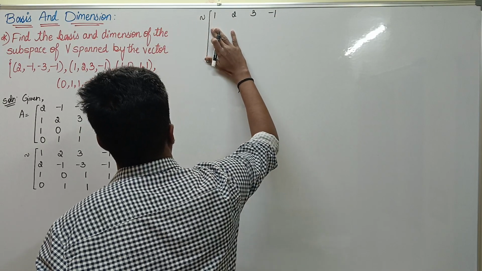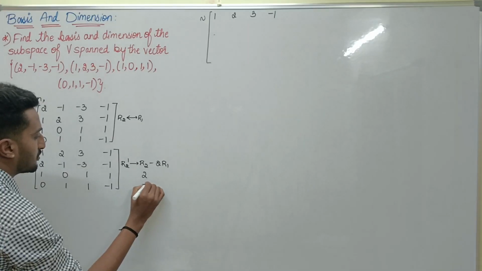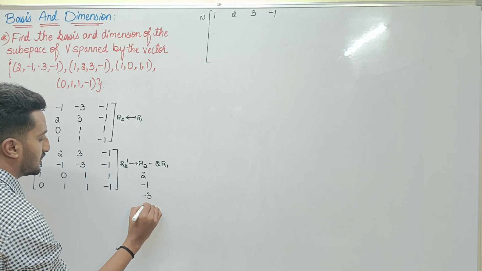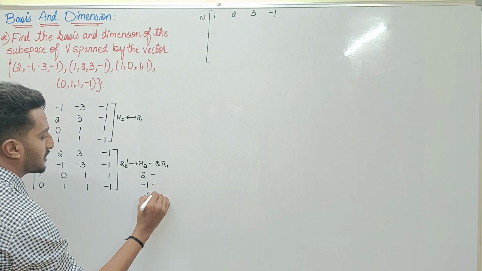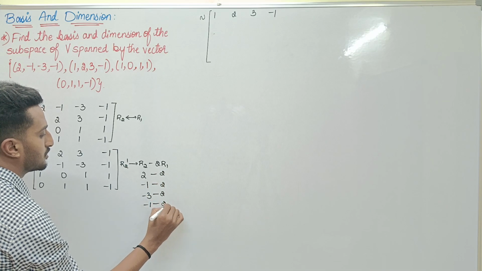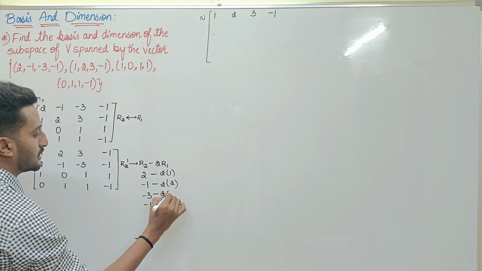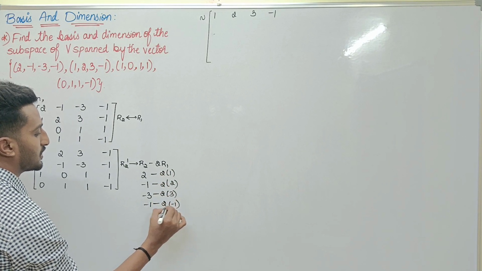What is R2? We have 2, minus 1, minus 3, minus 1, minus 2 times R1, which is 1, 2, 3, minus 1.